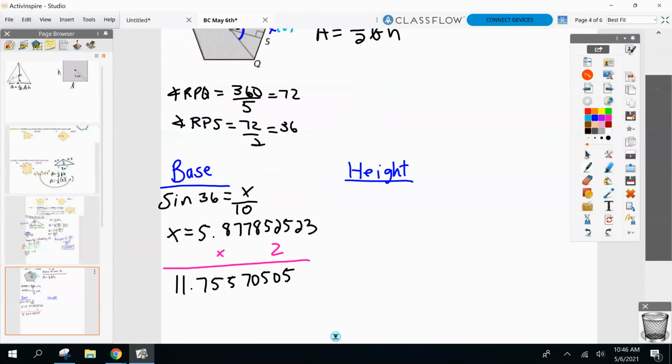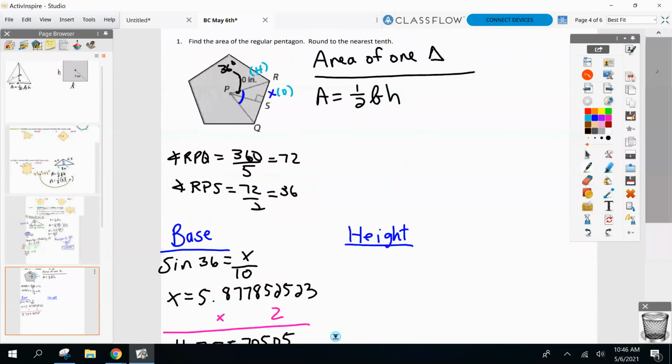All right, for the height, you have 2 choices. You can do Pythagorean theorem using 10 and the non-rounded side for RS. Or you could do sine, cosine, tangent, which I'm going to do. So I'll call the height y here. I already have the hypotenuse. And what's PS end up being now?